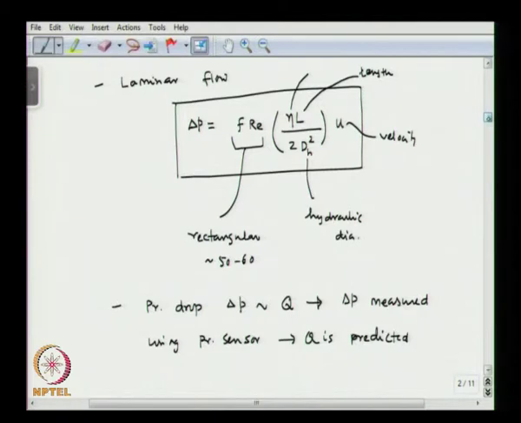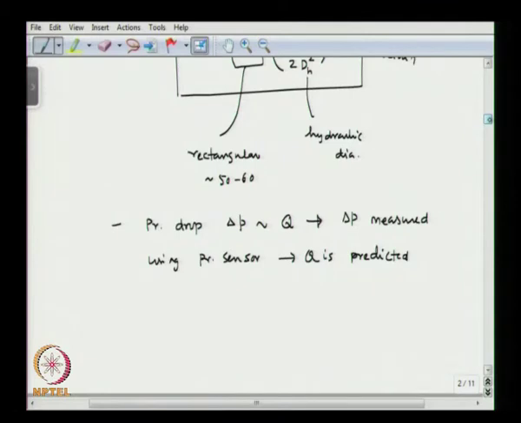Now, one important thing to notice here is that one parameter that depends on the temperature is eta, okay. Eta is the dynamic viscosity which depends on temperature, and since the dynamic viscosity is dependent on temperature, the flow rate will be affected by change in the temperature. So, many times these differential pressure driven flow sensors are integrated with temperature sensors in order to compensate for the temperature change effect, okay.